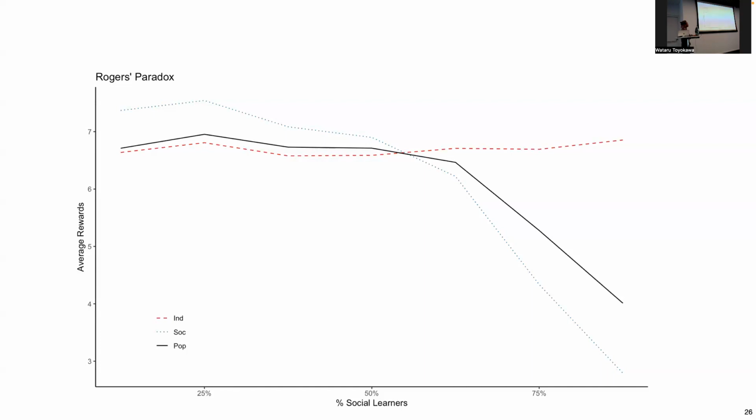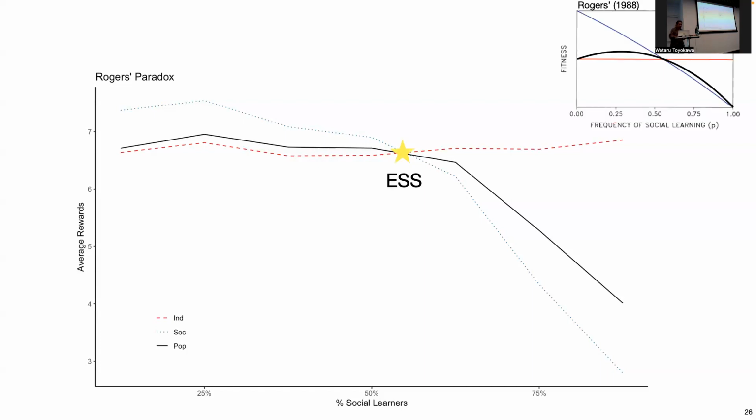So social learning doesn't necessarily increase the population performance. That's the original paper by Rogers.